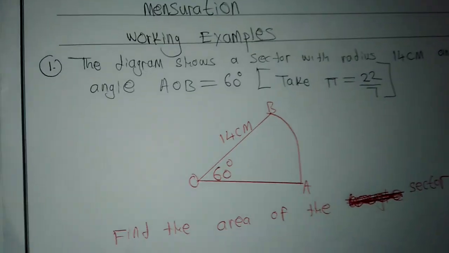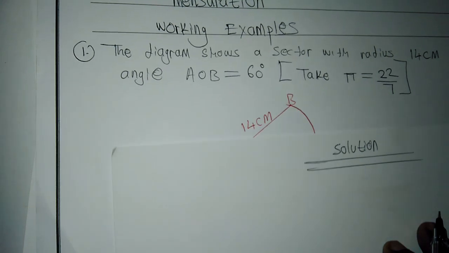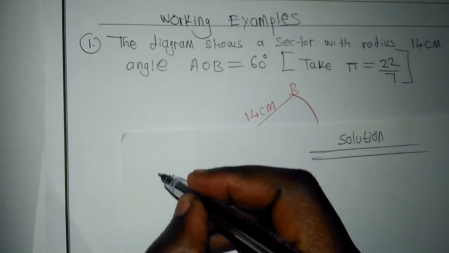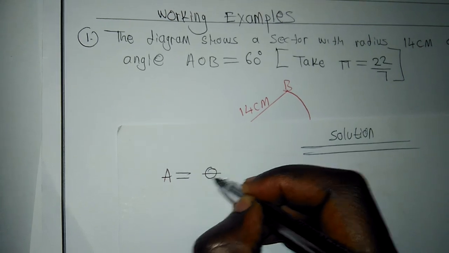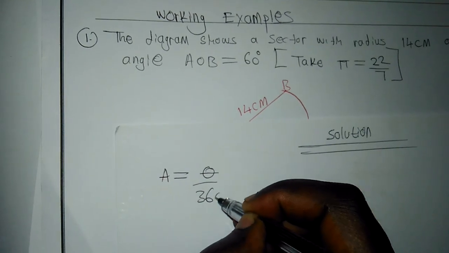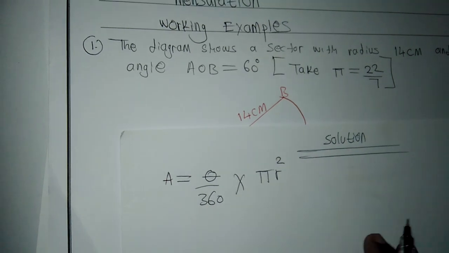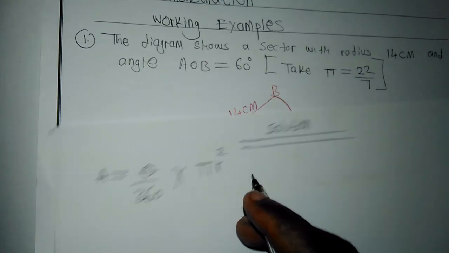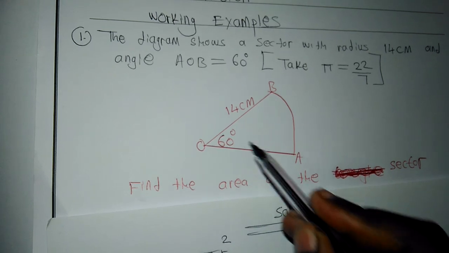Now it is very important to recall the formulas. To find the area of the sector, the first thing we know is that area is equal to theta over 360 times pi r squared. The theta is this angle here, which is 60 degrees.